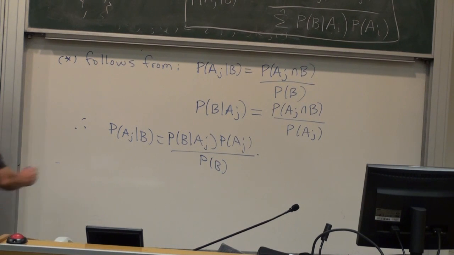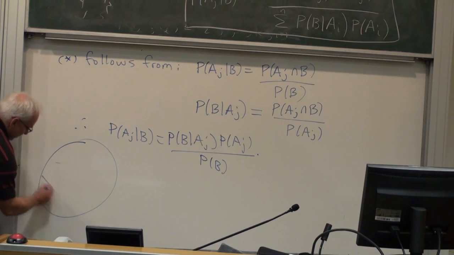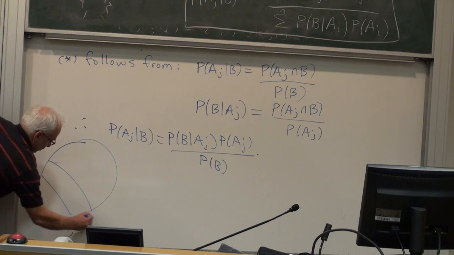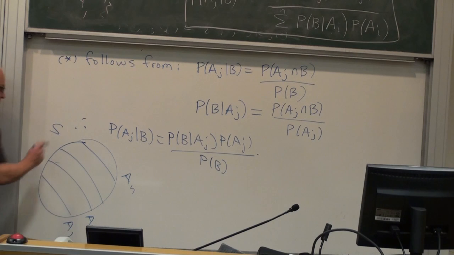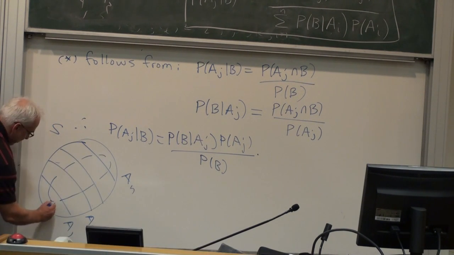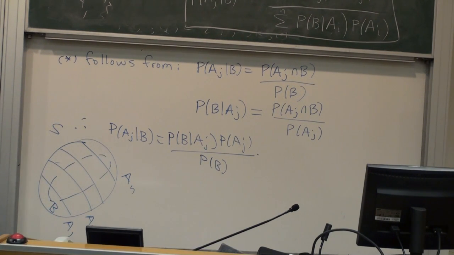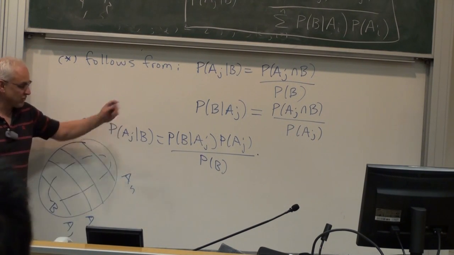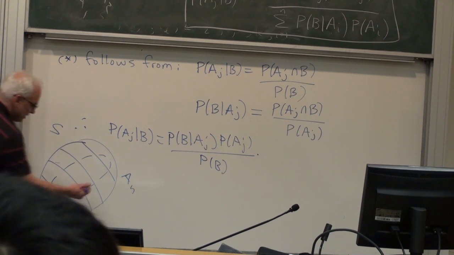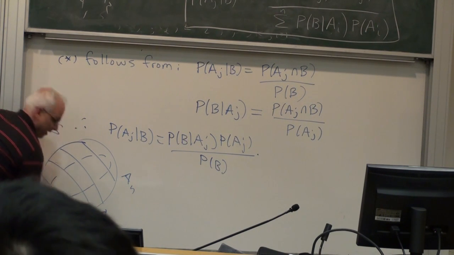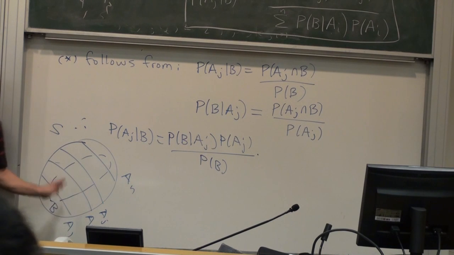So in our diagram, what are we computing here? So here's A1, here's A2. These are all these different possible events partitioning our sample space. And we have our other subset B. Bayes' rule is an expression for the probability of AJ. Somewhere here is say AJ. It's one of the partition elements. Could be any one.